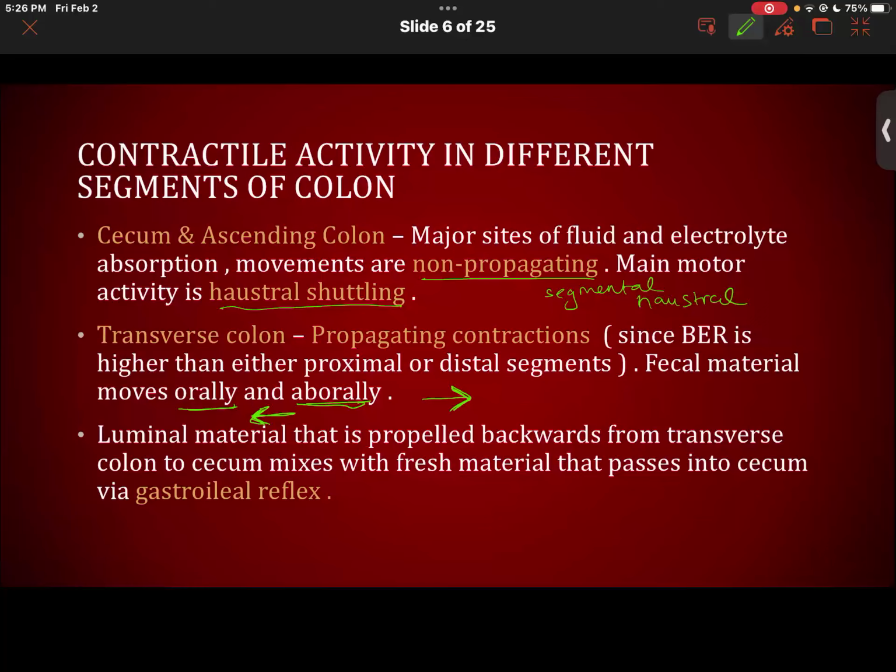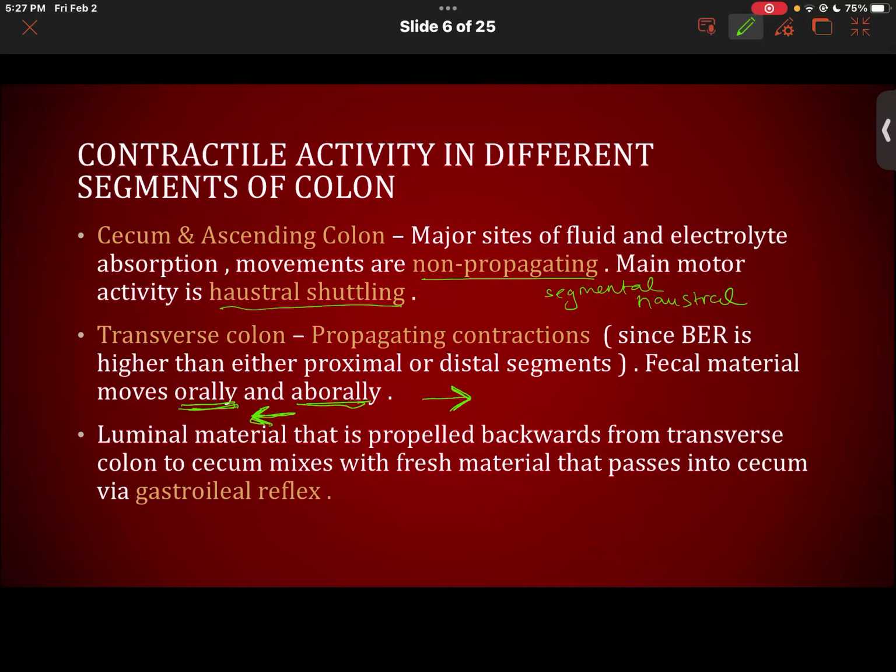Luminal material that is propelled backwards from the transverse colon to the cecum mixes with fresh material that passes into the cecum via the gastroileal reflex, which basically means that when the fecal material moves orally, which means backwards in this case, it'll be mixed with fresh material that passes into the cecum via the gastroileal reflex.